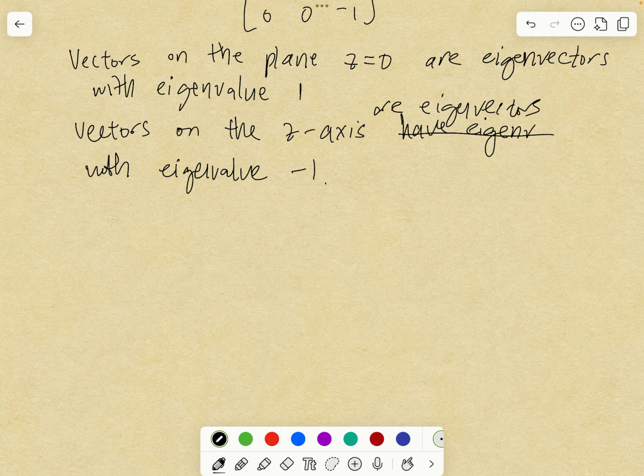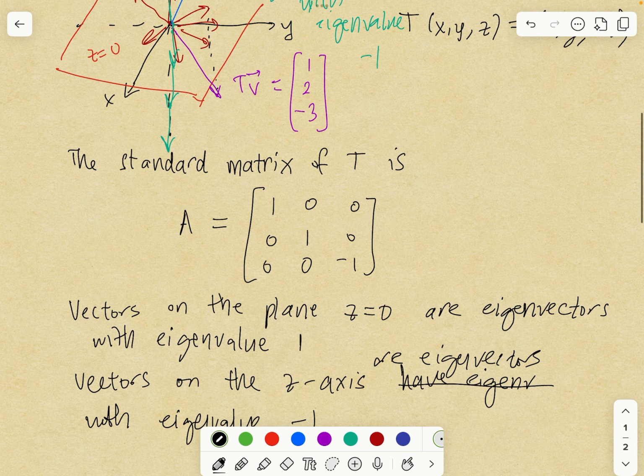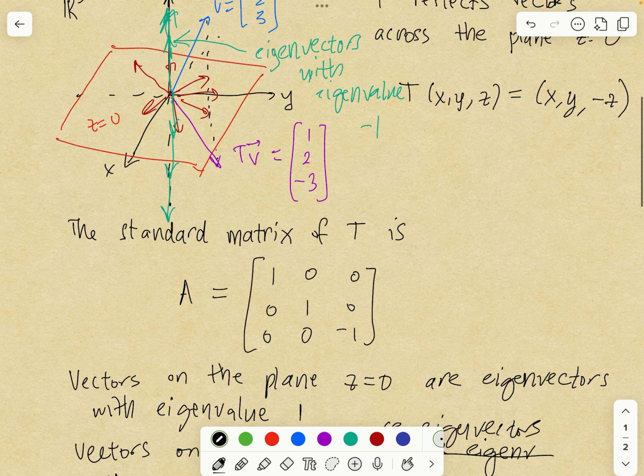So we can diagonalize this matrix. So how can we diagonalize this matrix? The vectors on the plane z equals 0 are eigenvectors with eigenvalue 1, and that eigenspace is 2-dimensional, and then you have eigenvectors with eigenvalue negative 1, that's a 1-dimensional space.